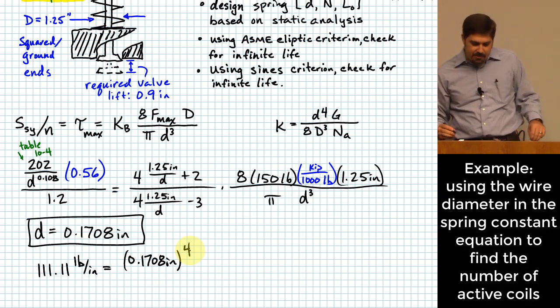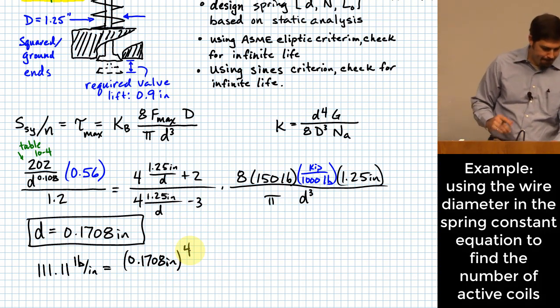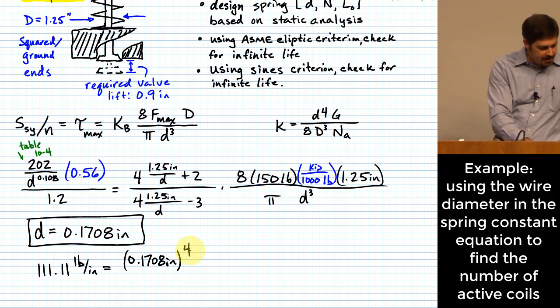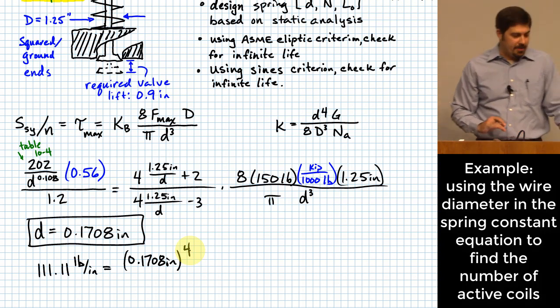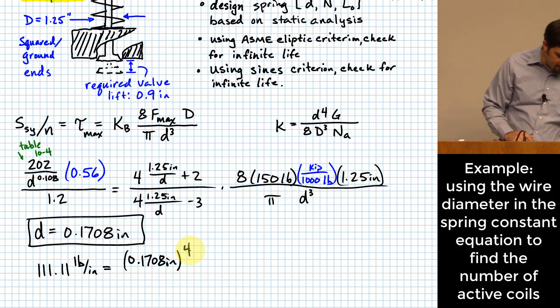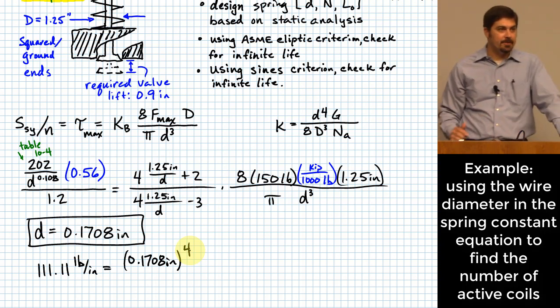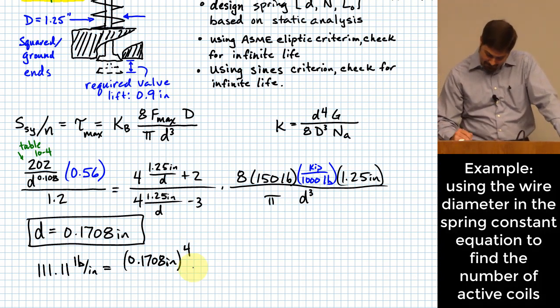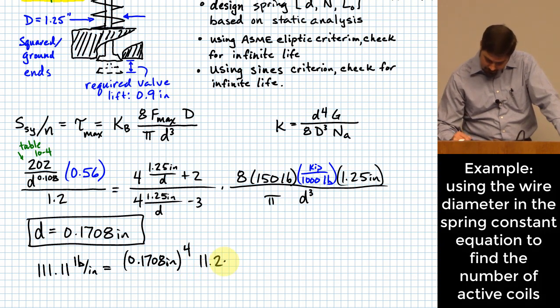What kind of a G value should I use here? You might remember that the modulus of rigidity is something that varies with wire diameter. So we need to look up a chrome silicon wire in table 10.5, and it looks like for that particular wire it doesn't vary. So we just use the value that's given there, 11.2 MPSI, so 11.2 times 10 to the 6th PSI.